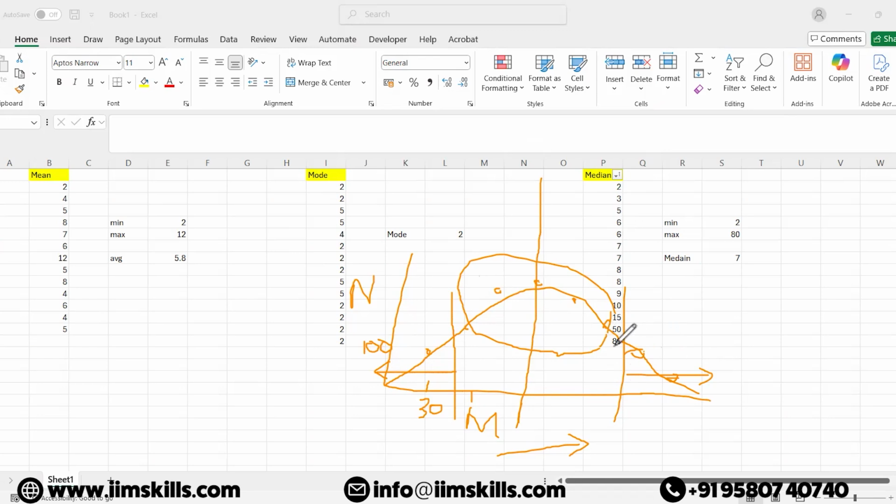Let's consider an 80 lakh car, and you try to calculate the average, it will be a little higher. Let's say for example, if you take the average of these numbers, then the average is 15. But is the 15 your representative point? No. It is, let's say, the mark like 70.